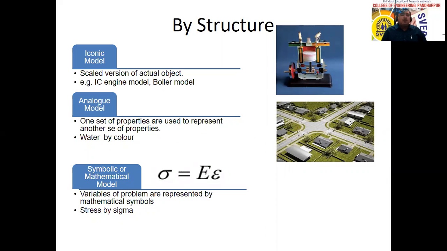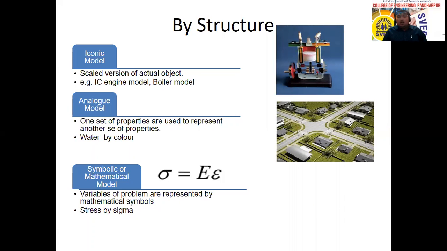By looking at the color of the water, we can understand what properties it has: water purity, then source of collection, then whether it is drinkable or not. Is it right? So different other properties we can understand by studying only one thing, that is the color of the water.